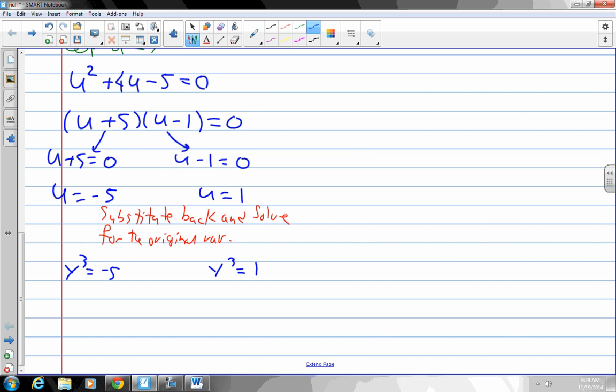So you're substituting back. So then to solve for y, you just take the cube root, so you get y equals the cube root of negative 5, and y equals 1 when you take the cube root. So these are the two real solutions that we get, whatever the cube root of negative 5 is. That's a real number, whatever that is.